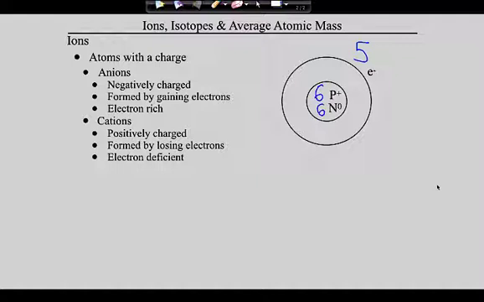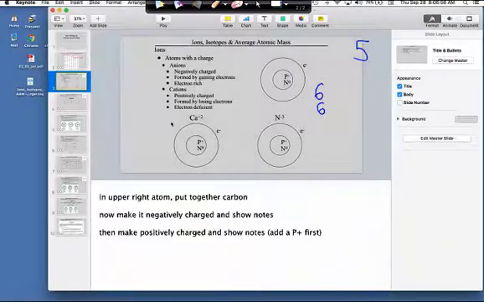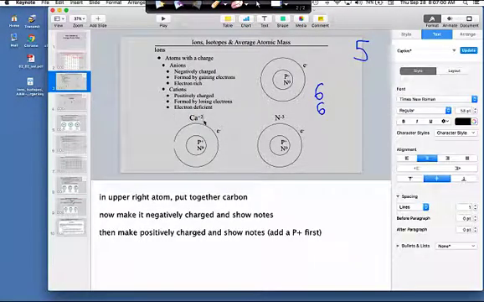Okay. So guys, if you're good with ions, draw this into your notes. Let's check and see. It only needs to be big enough for you to write in it. But guys, put together a calcium +2 ion. Actually, I'm going to do this the right way. Don't write down +2.